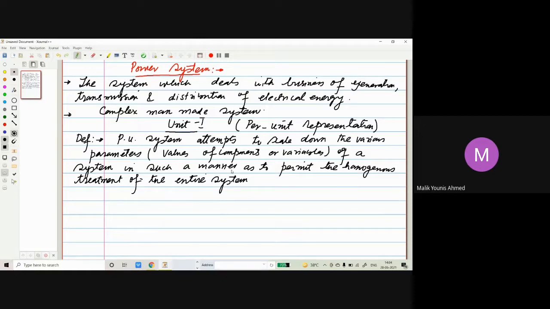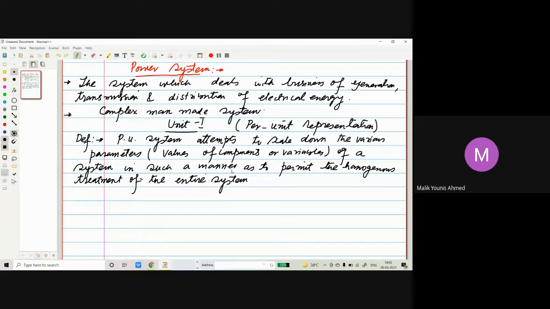Homogeneous treatment of the entire system here means that if we have chosen a particular base value, then the base values will be made uniform at the different levels of the power system. You can see the discontinuity in the power system will occur where transformers are present. Suppose we have a step-up transformer, we step the voltage from 11 kV to 132 kV, then we need to distribute it, and then again we have to step down.